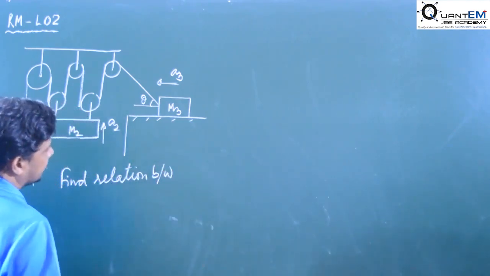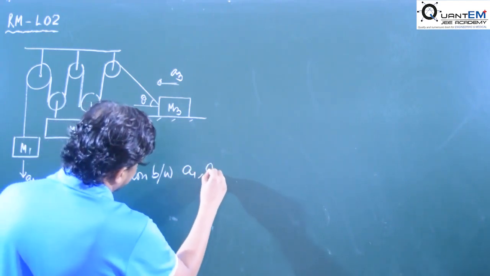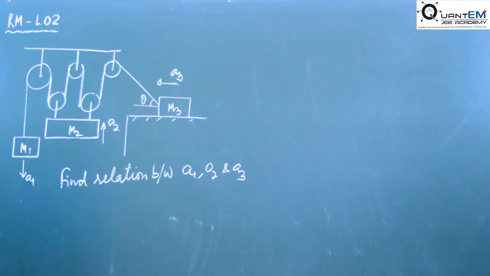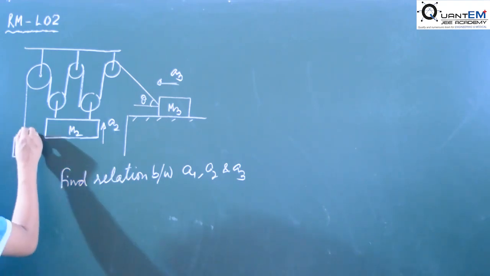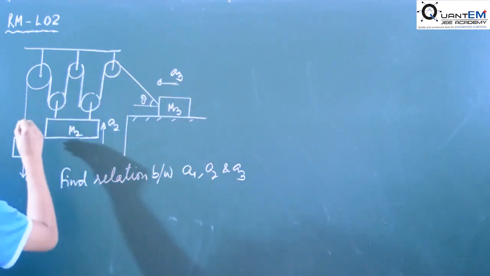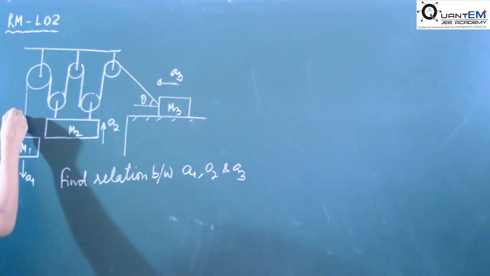So you have to find a relation between a1, a2 and a3. Suppose this is a single string from here to here, so the tensions are equal.